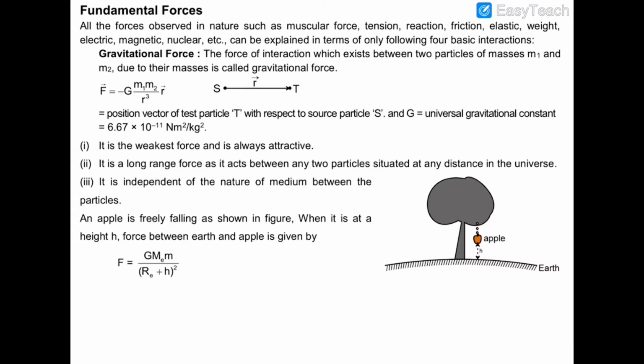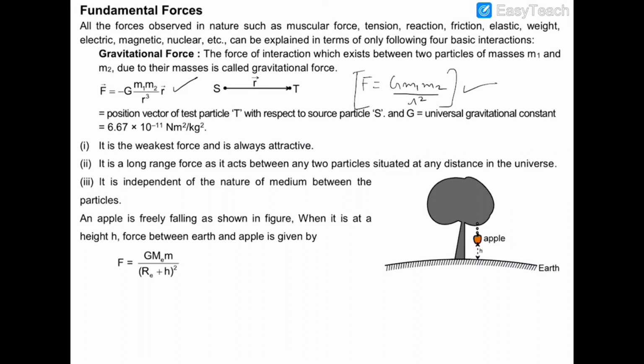In scalar form, I can say that gravitational force F is equal to G m1 m2 upon r square. This formula only gives the magnitude of force, and the vector form also provides the direction.